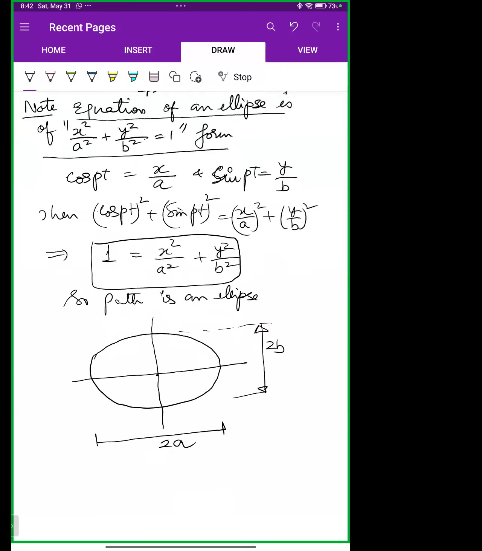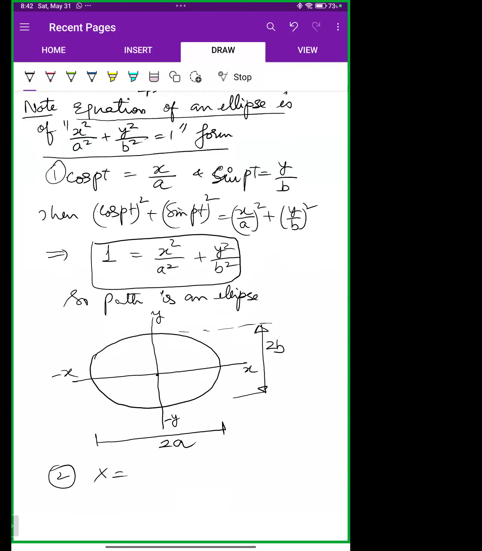And of course, this is x and y. This is y minus y, x minus x. So this is the shape of the ellipse. That is the first part done. Okay, part 1. Part 2.